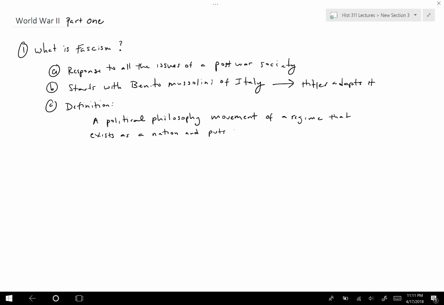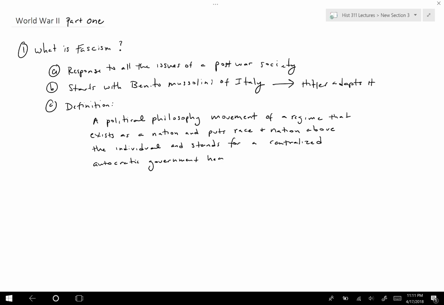It puts race and nation above the individual and stands for a centralized, autocratic government headed by a dictatorial leader, a dictator.